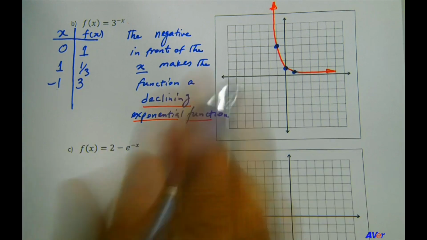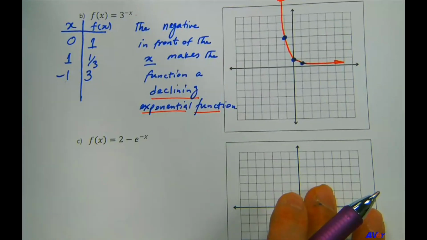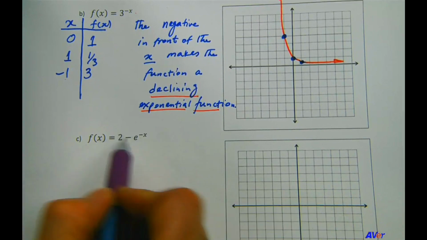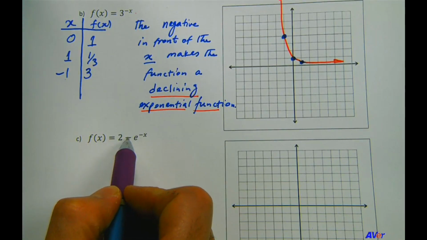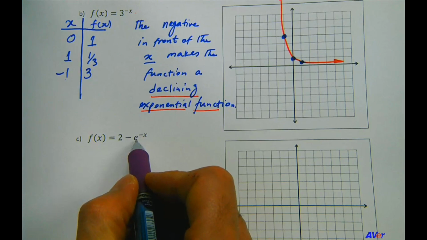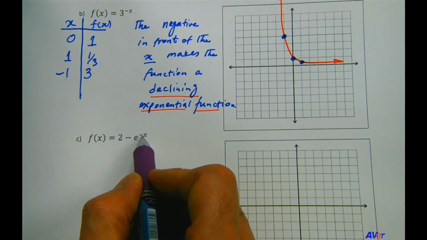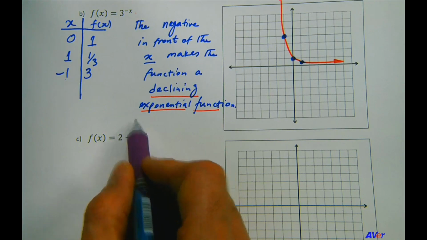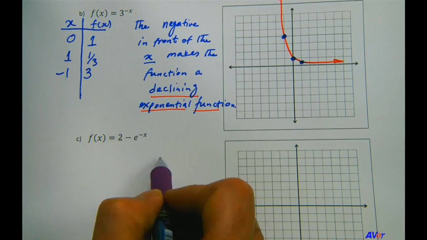But hey, wait, because we have another thing going on here, which is this minus. So this minus, it's going to make this, again, an increasing function. So this function originally would have been an increasing function if it didn't have this negative x as power. With negative x as power, it becomes a decreasing function.